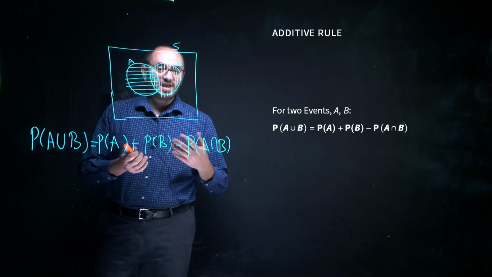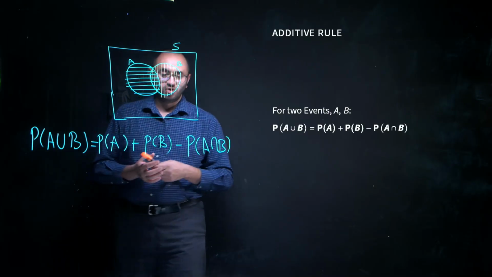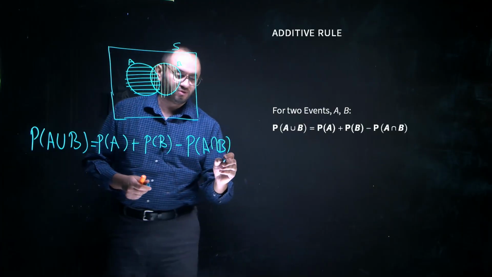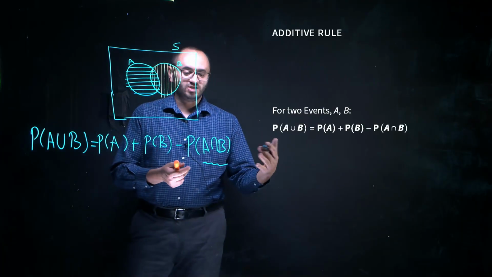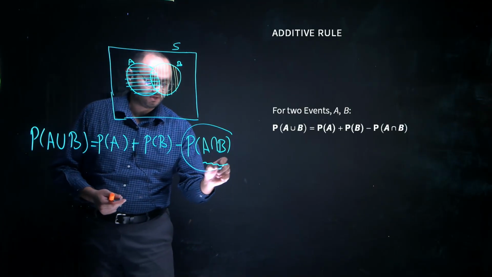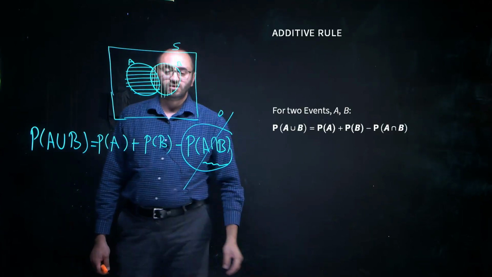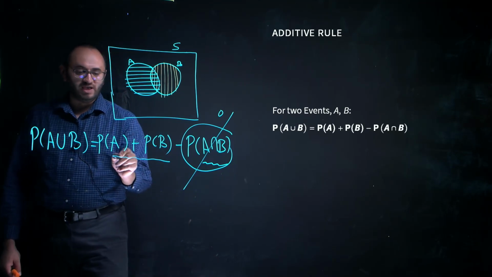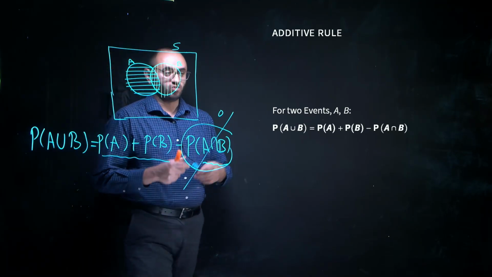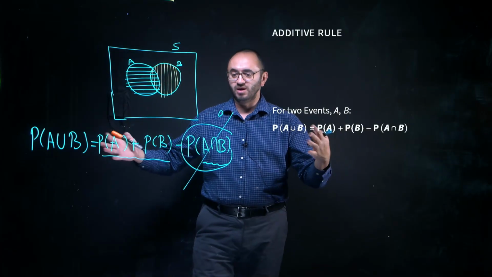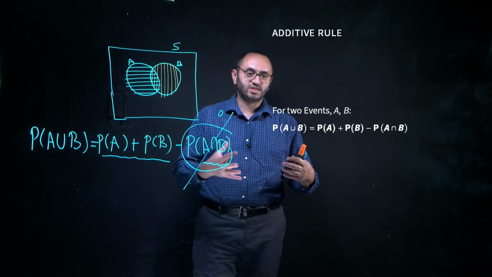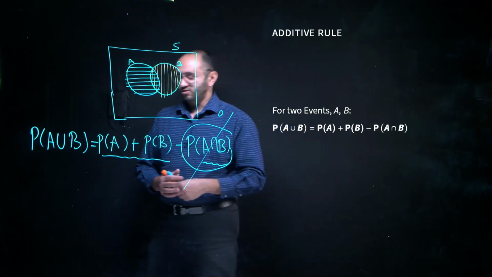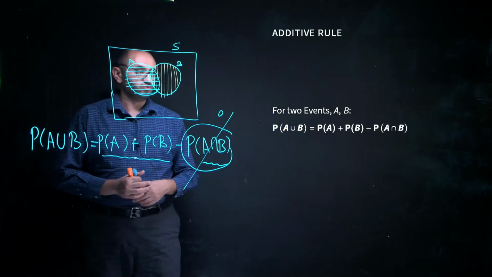Now, if A and B are disjoint or mutually exclusive, this means there is no overlap. So the overlap is the empty set or phi, so this probability is 0, right? So in this case, probability A union B equals probability of A plus probability of B. So this is the general formula, and the old one is a special case of that formula when A and B are disjoint or mutually exclusive.